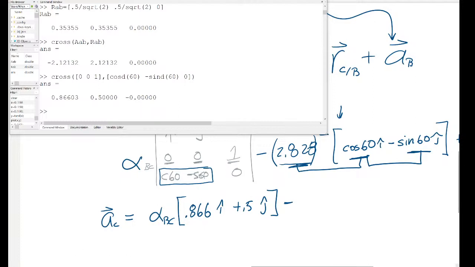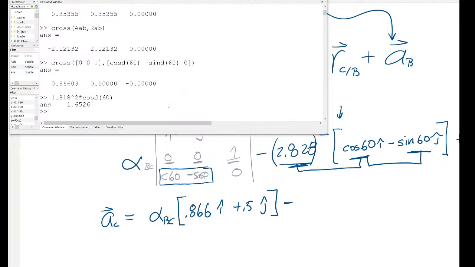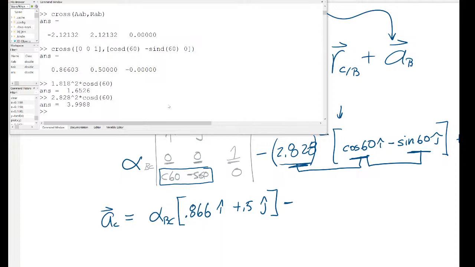Let's see if I can find my mouse. There it is. So 2.828. You got to square that, and you got to multiply it times the cosine degree of 60. That'll give me one term. First of all, that wasn't a 2. That was a 1. 2.828. Try that again. Oh, geez, that's almost 4.